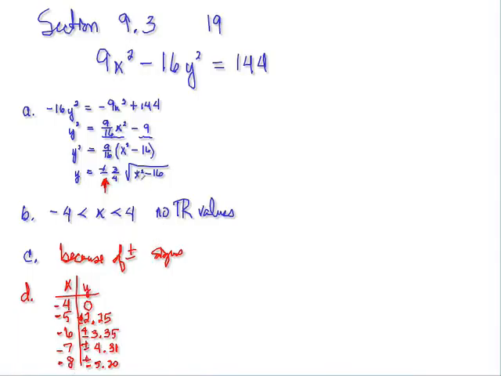Because of that x squared. So when I put -4 in, it isn't going to change the values. Positive or negative 4, positive or negative 5 are going to give me the same values, because the opposite of x squared is still just x squared. So it's not going to change anything.